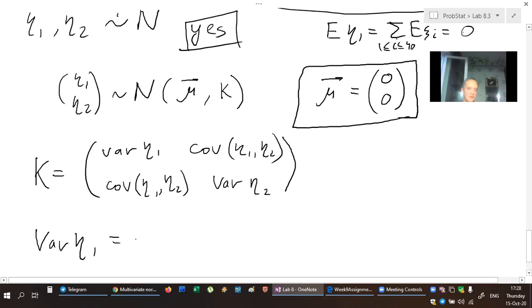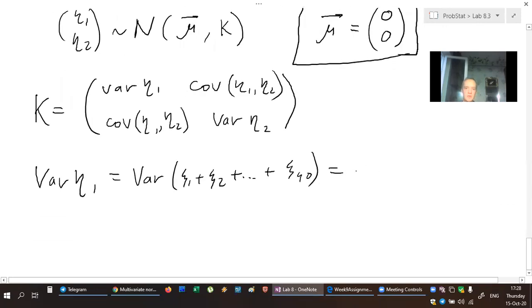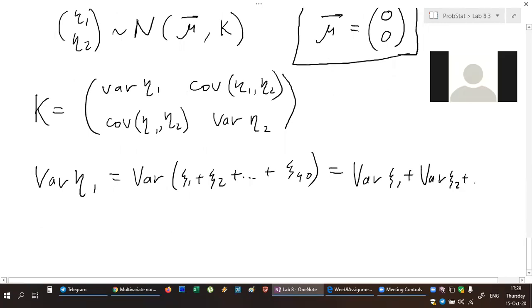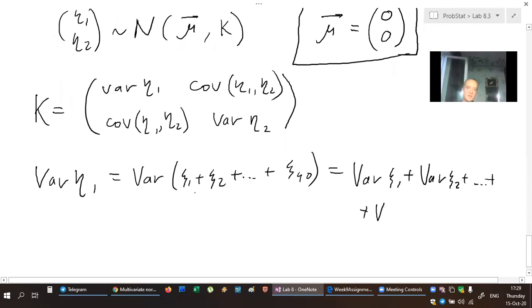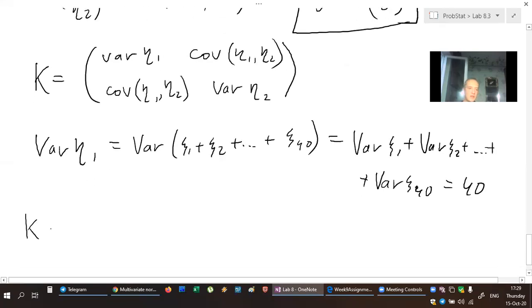So the variance of eta1 is the variance of xi1 plus xi2 plus and so on plus xi40. Any other options? 40. Yeah, because they are independent, the variance of the sum is equal to the sum of variances. Each variance separately equals 1, so it will be 40. So our matrix K has 40 here, some number here, and 100 here, right?